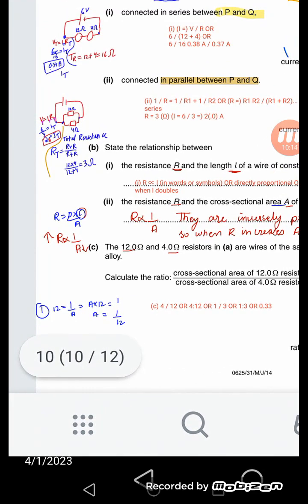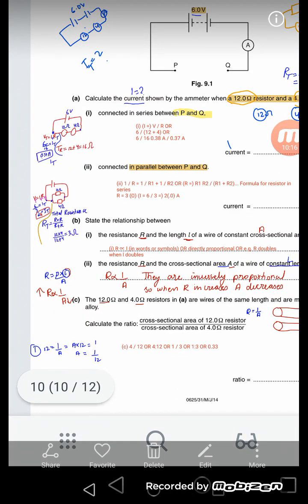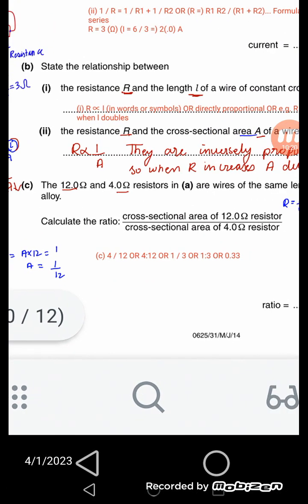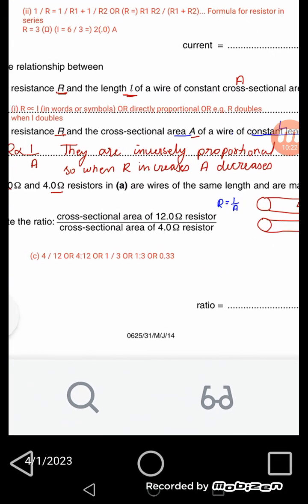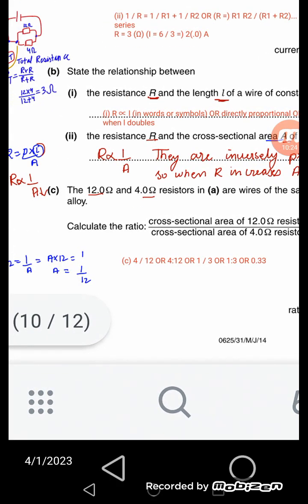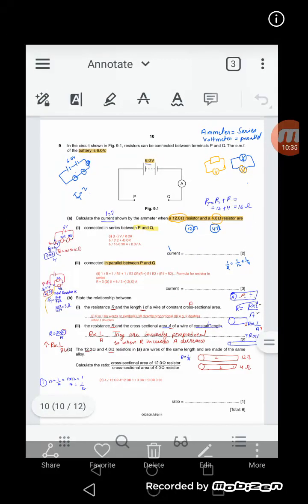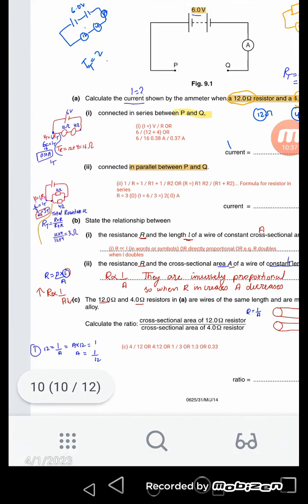Now what we have to think is, resistance is given, and what else is given? Okay, resistance is given and 1 by A. We have to find the ratio of A. This is for the 12 resistance.